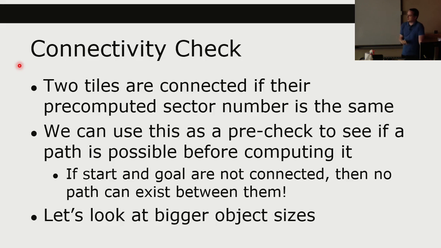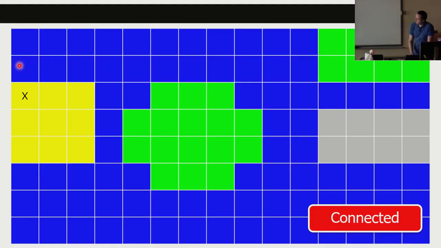Now, getting back to your issue, what happens when we have bigger object sizes in this connectivity? Well, here we have a big old object of size 3. And just keep in mind that this x, the location of the object, is not the middle, it's the top left. That's very important. So this represents xy for this object of size 3 by 3.